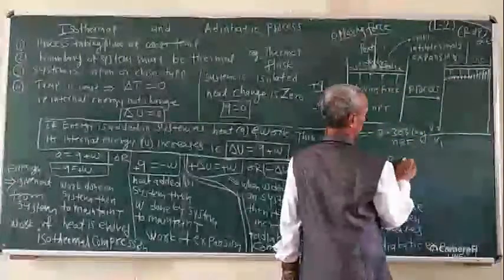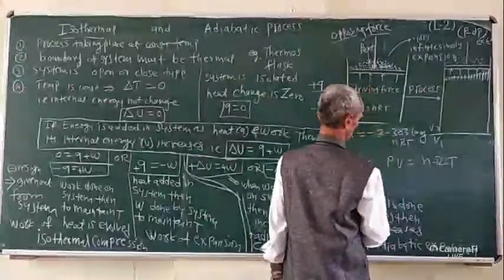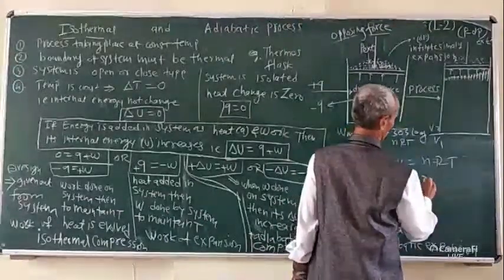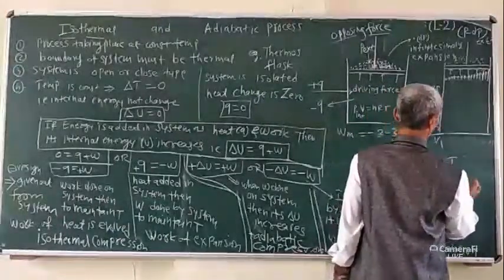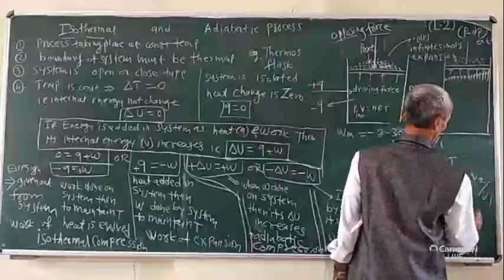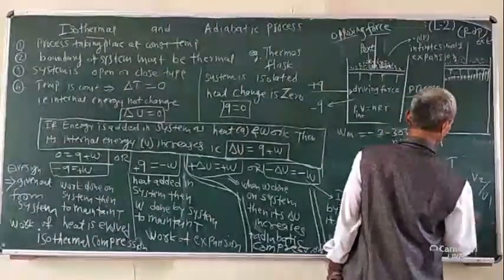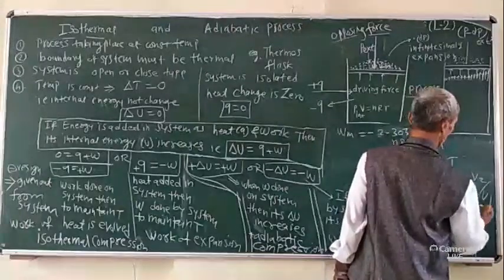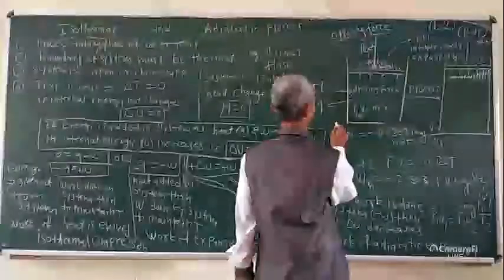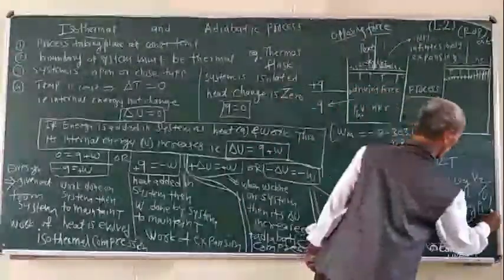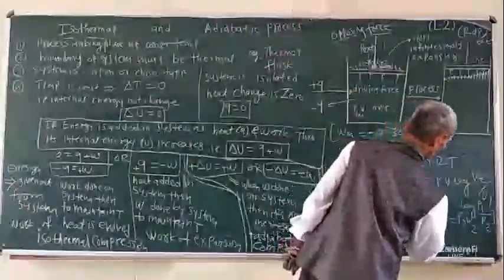As PV is equal to nRT, one can replace it here, so it is nRT log of P2 upon P1, or since P1V1 is equal to P2V2, this can also be written as P1 upon P2. The derivation of the maximum work obtained in the isothermal process we can do in the next lecture.